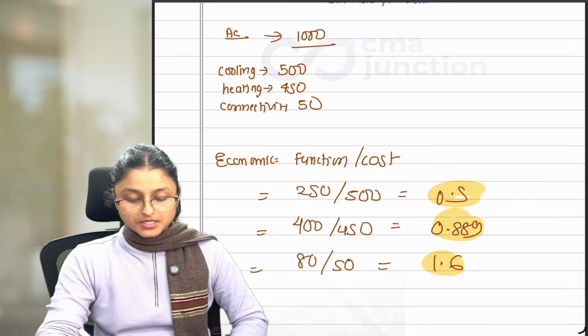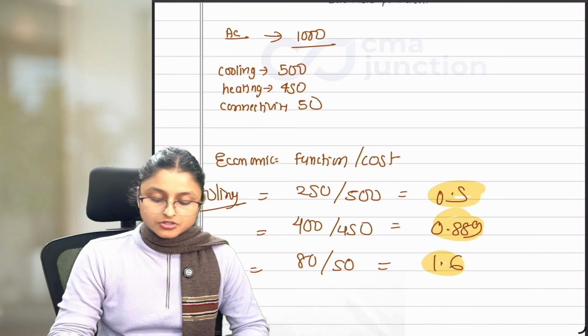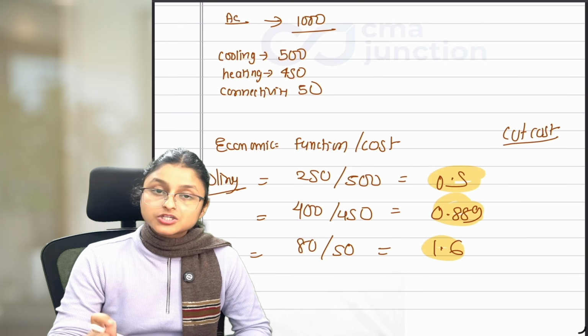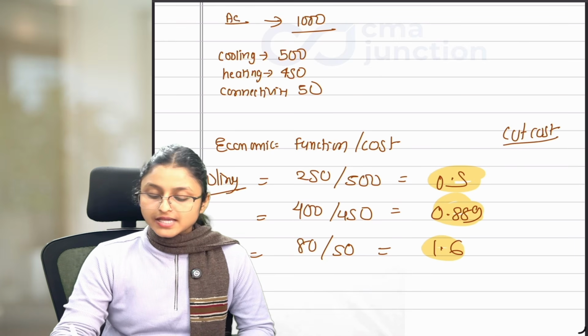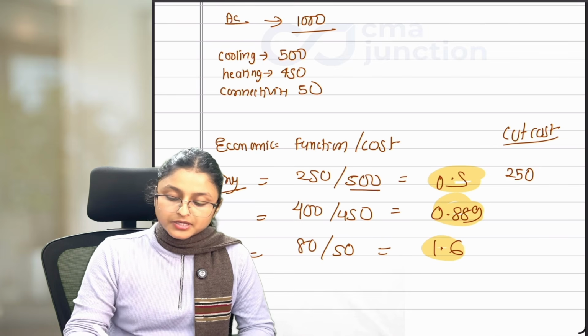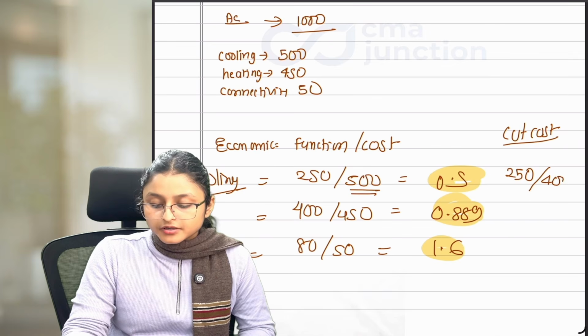Let's see how. Let's take the example of only the cooling function, right? So what I did is I cut my cost, but function is as it is. If function is as it is, then function score will be as it is, but my cost is reduced. So let's say we have reduced the cost to 400.